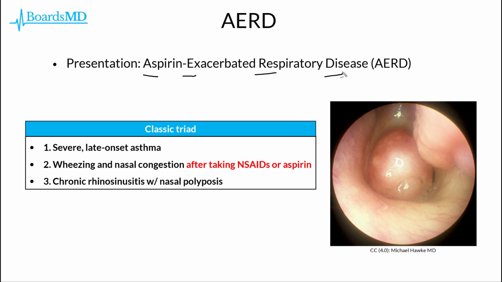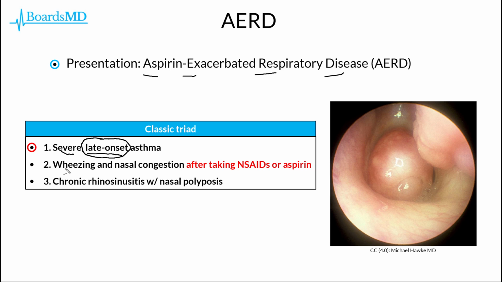In AERD, our classic triad is going to be severe late onset asthma, and I emphasize here late onset asthma as these patients tend to present in their teens and their 20s rather than during childhood.